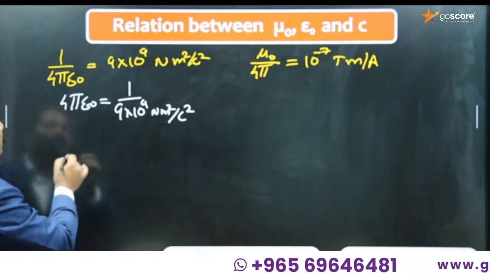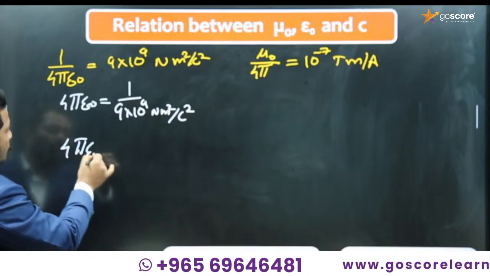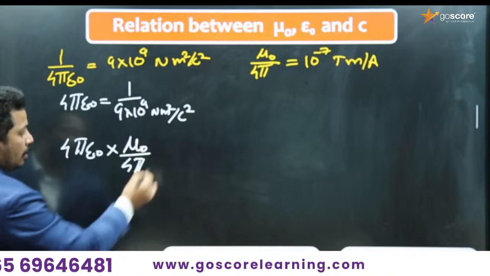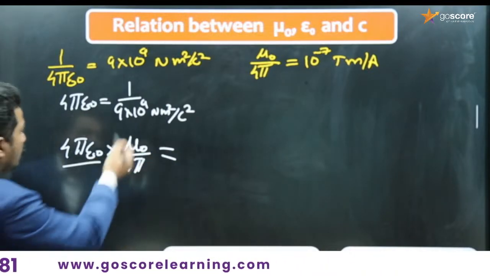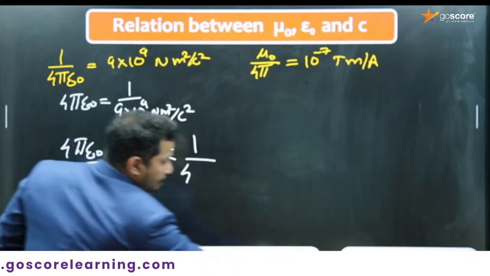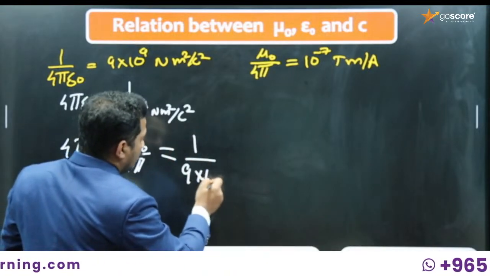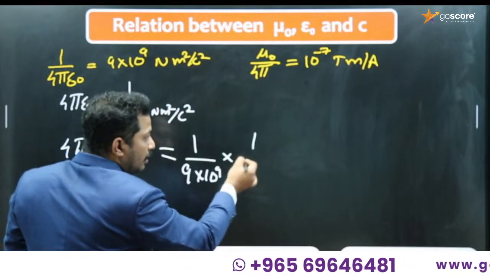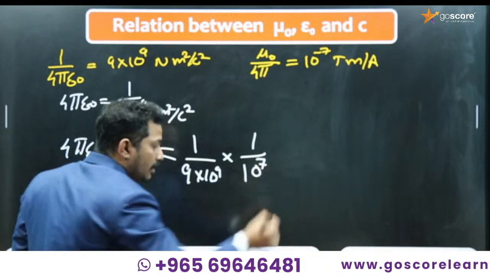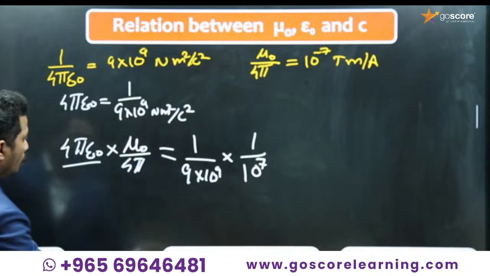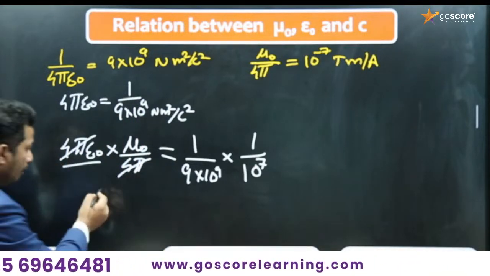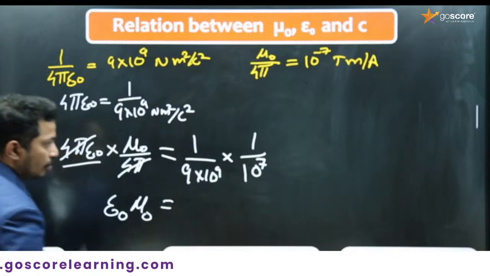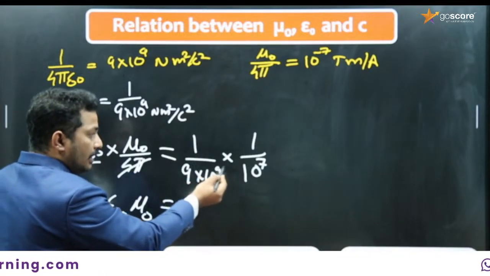So what is 4 pi epsilon 0 into mu 0 by 4 pi? 4 pi epsilon 0 is 1 by 9 into 10 to the power 9, and mu 0 by 4 pi is 10 to the power minus 7, or simply 1 by 10 to the power 7. Okay, so 4 pi cancelled, and what we have is epsilon 0 into mu 0. So epsilon 0 mu 0 is equal to 1 by 9 into 10 to the power 9 into 10 to the power 7.